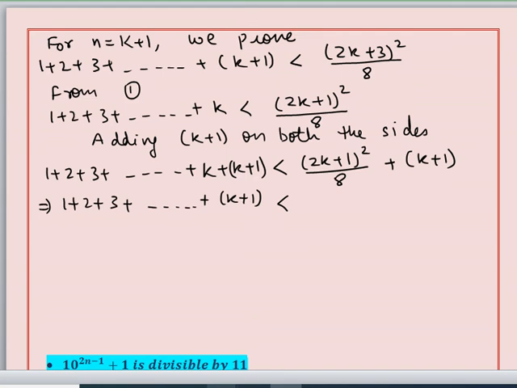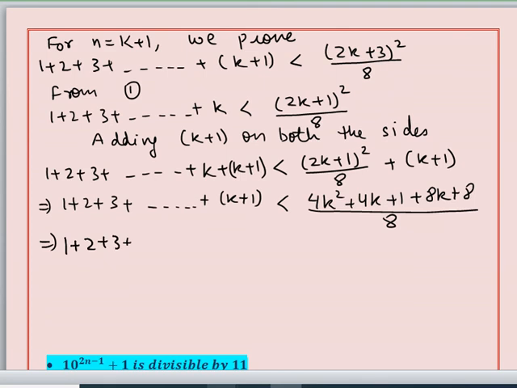Here we are going to take LCM and simultaneously we will expand it also. See, this will become 4k² + 4k + 1 + 8k + 8, multiplying 8 with (k+1), whole divided by 8. Now that reduces to 1 + 2 + 3 till k + 1 is strictly less than (4k² + 12k + 9)/8.